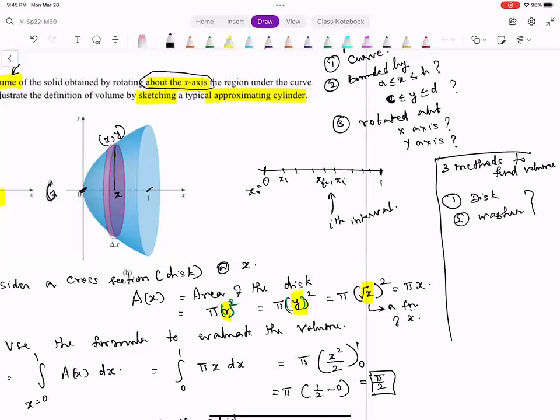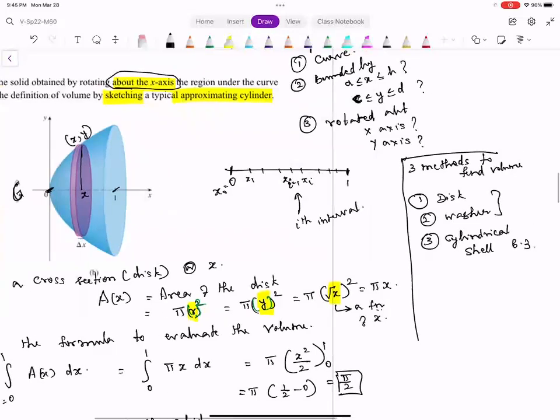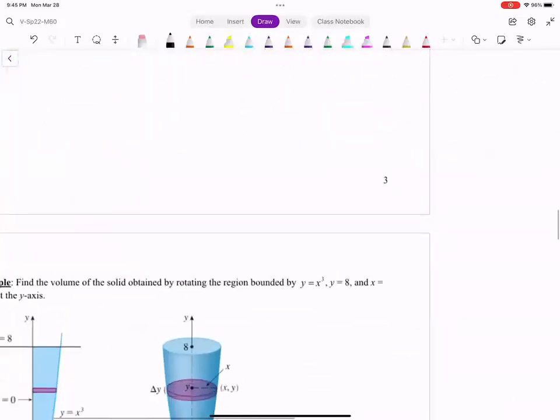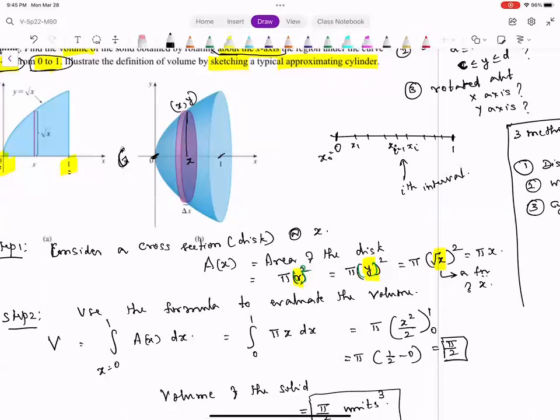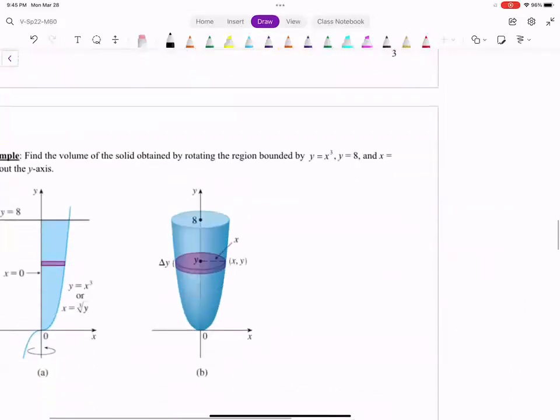And these 2 are covered in this section. The third is the cylindrical shell method. This is done in the next section. So when we slice, we get a cross section of a disk. That's why it's called the disk method.